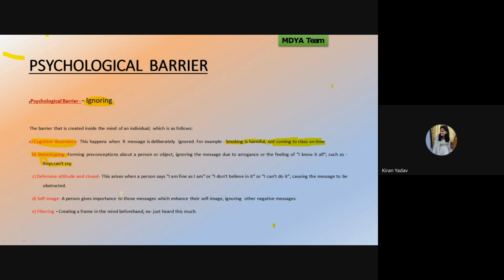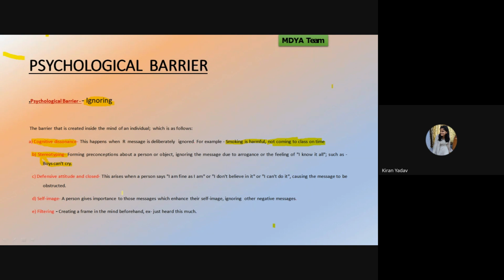So stereotyping is when someone stereotypes another person, they may ignore the actual meaning that is conveyed. Instead they focus on their preconceived notion. They have some notion about boys that boys don't cry. So if a male friend cries, they will ignore that and say that boys don't cry, and they will not understand his emotions.